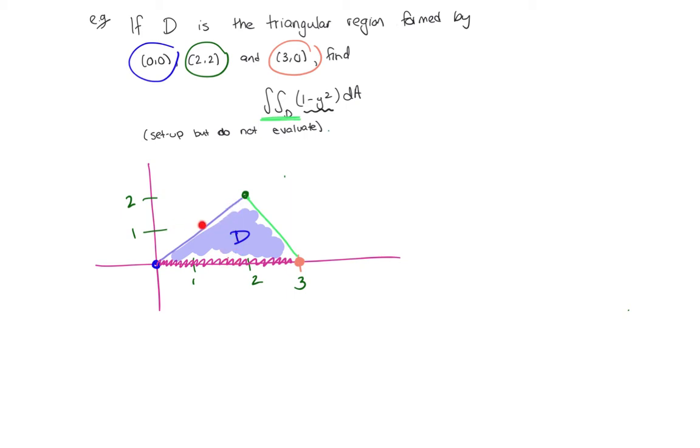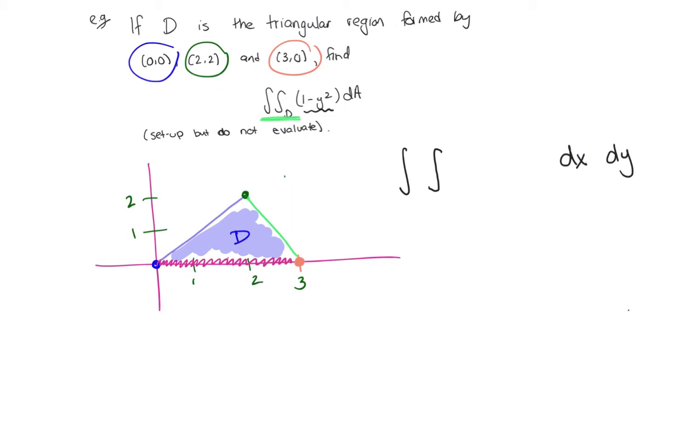But if I do type X, then I can just do 1 integral, because if I move in the direction of the x-axis from left to right, I first hit that purple curve and then I hit this green curve. So let's set it up. I'm going to do a dx first, so I can move in the direction of the x-axis. Again, I like to draw in my little arrows here.